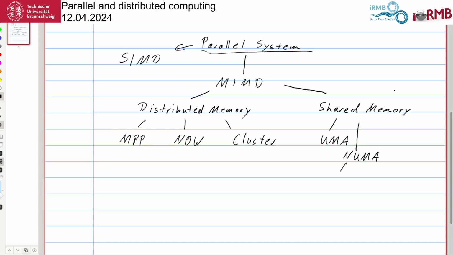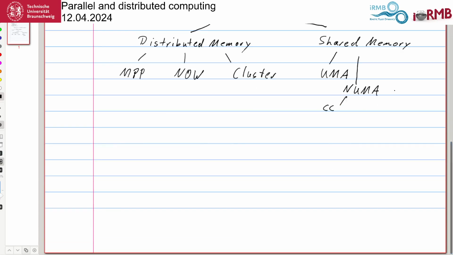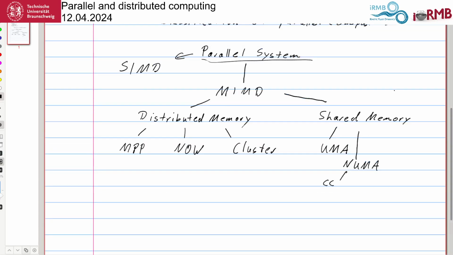And for NUMA, we already specified that we had CC, cache coherent NUMA. And then there is a non-cache coherent NUMA. And then there is something that sounds a bit crazy, called COMA. I wouldn't call my computer is in a coma. COMA is cache-only memory access.